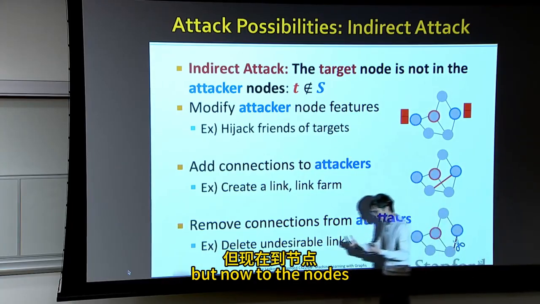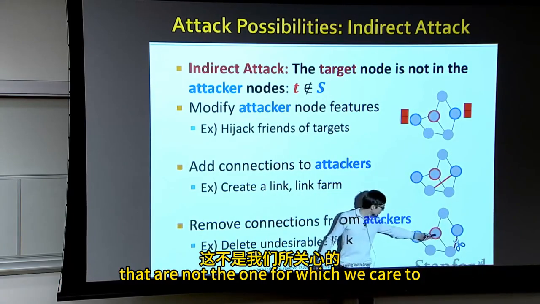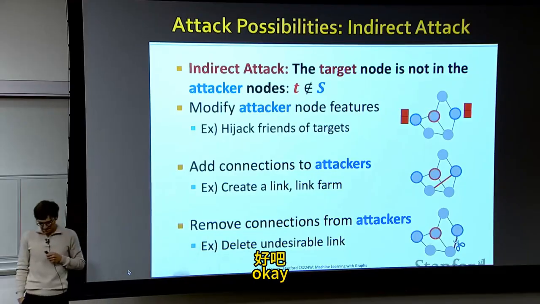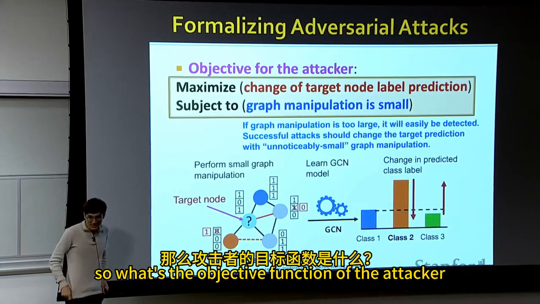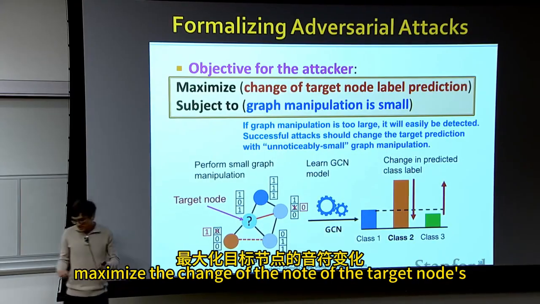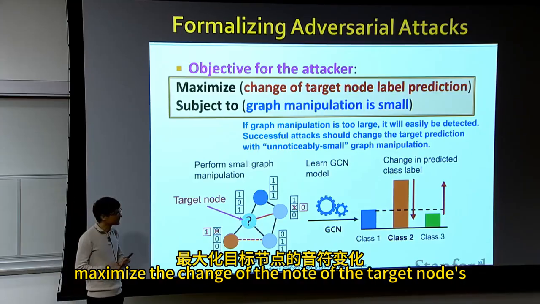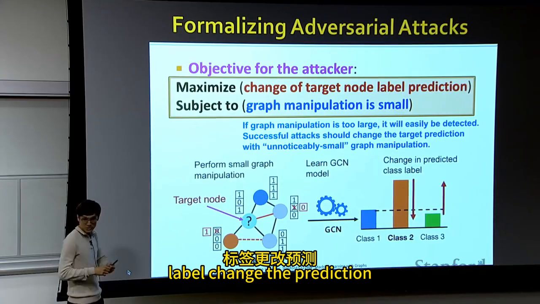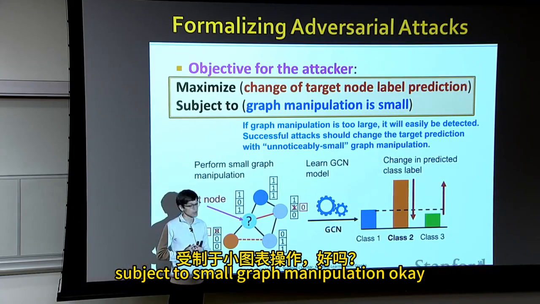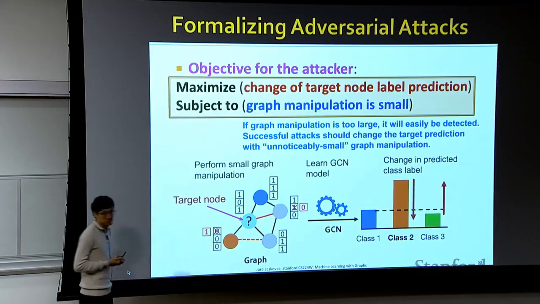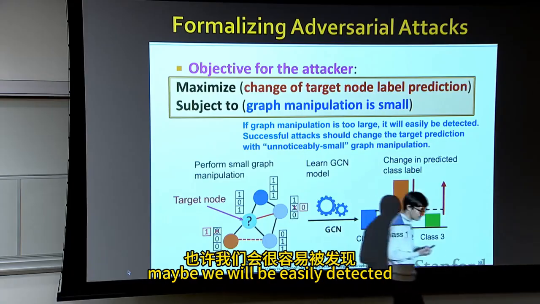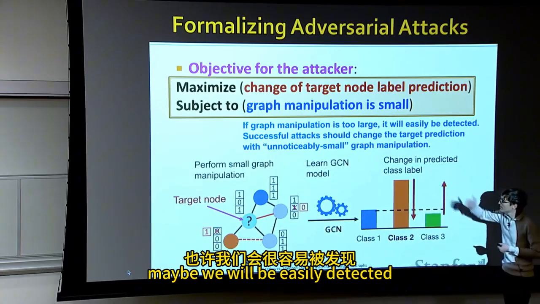Similar, but now to nodes that are not the one for which we care to flip its label, okay? So what's the objective function of the attacker? The attacker wants to maximize the change of the target node's label, change the prediction, subject to small graph manipulation, okay? So the intuition being, if the graph manipulation is too large, maybe we will be easily detected.